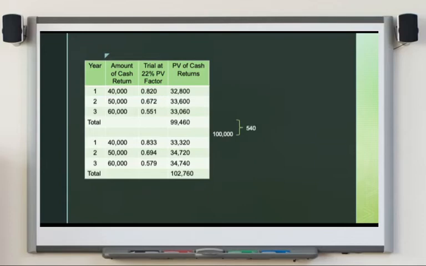And then to get the ratio from 22% to 20%, we simply get the difference between the total amount computed under 22% and 20%, and that is 3,300. The difference between 99,460 and 102,760.